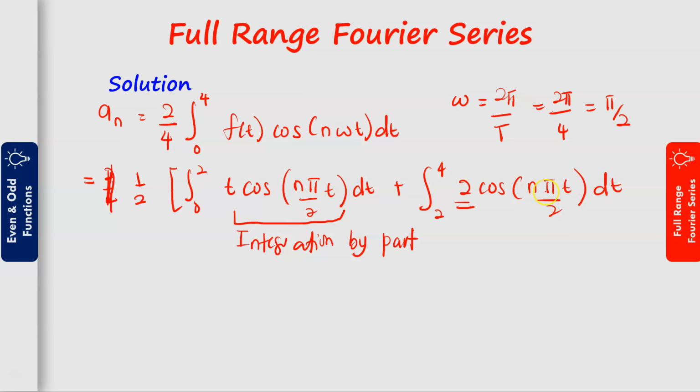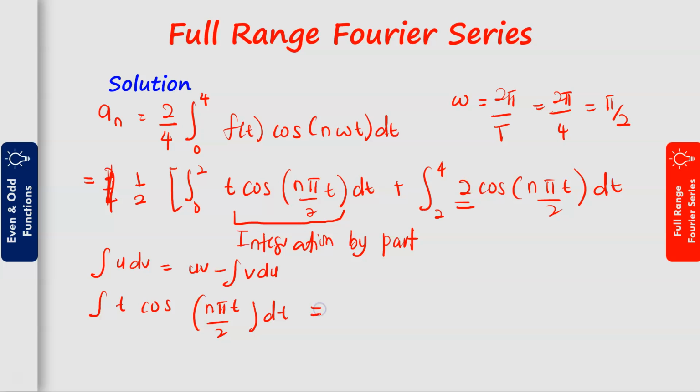So here class, when we solve for the first function, we use integration by parts: integral of u dv equals uv minus integral of v du. When I want to integrate t cos n pi t over 2 dt, in this case I let u equal to t, so du equal to dt.